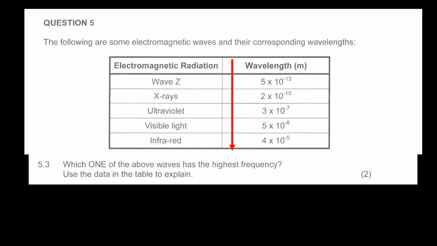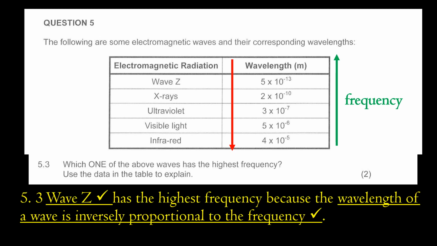The shorter the wavelength, the higher the frequency. So this means that the frequency increases from infrared to wave Z. Wave Z has the shortest wavelength but the highest frequency, and infrared has the longest wavelength but the lowest frequency of all the electromagnetic waves or radiation shown in this table.